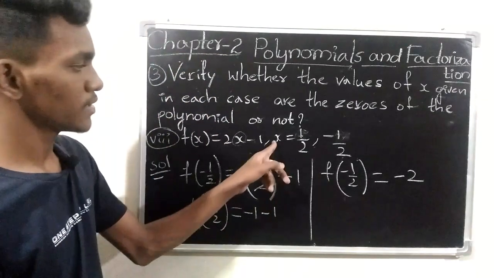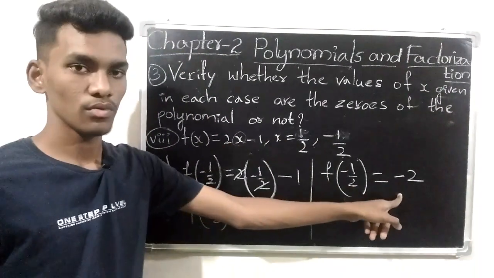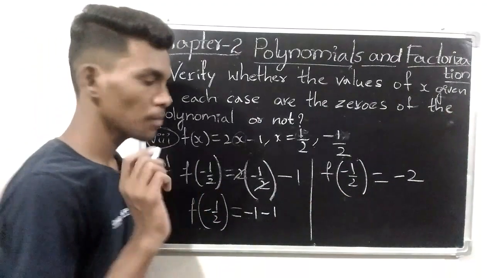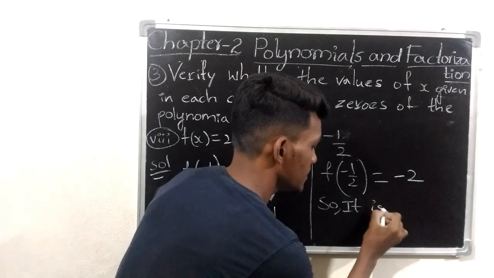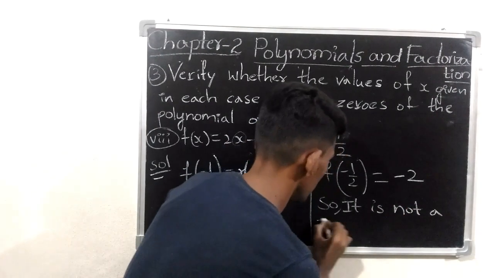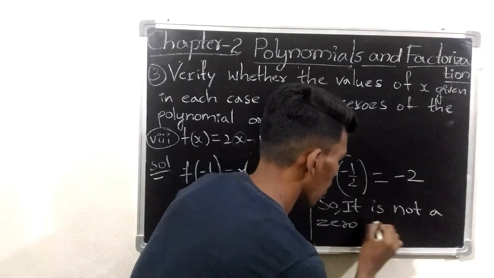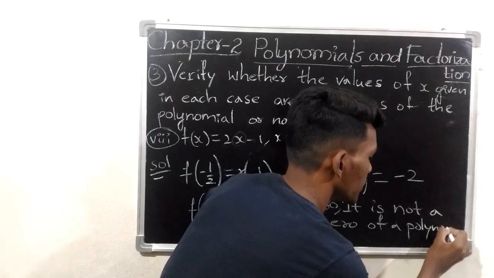When we substitute x = -1/2 in this polynomial, we did not get 0. So it is not a zero of the polynomial.